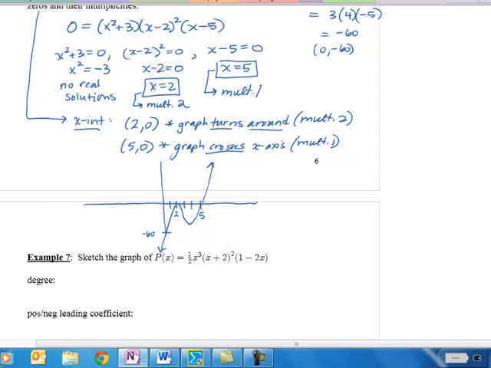So somewhere between 2 and 5 there has to be a low point, a relative minimum, so that the graph can come back up to that x-intercept. But at (2, 0), the graph is going to turn around. It's not going to cross the x-axis because of the multiplicity of the related factor. And at (5, 0), the graph is going to cross the x-axis because of the multiplicity of the x minus 5 having exponent 1.